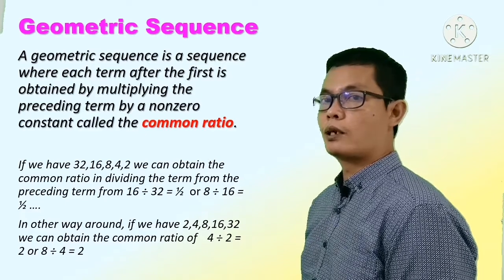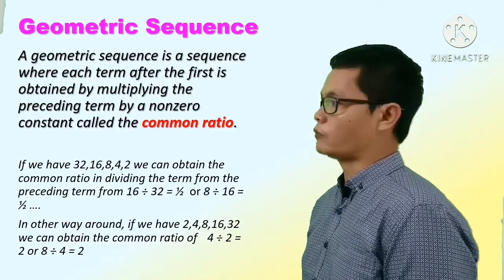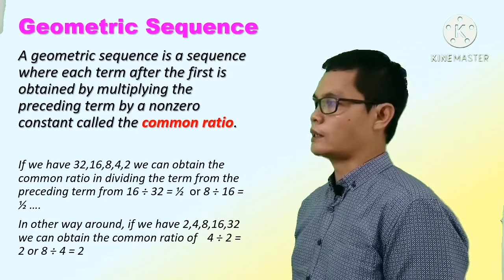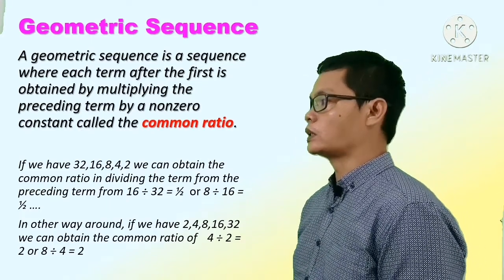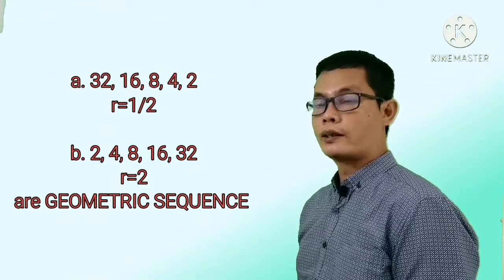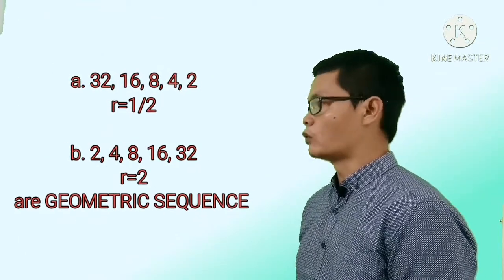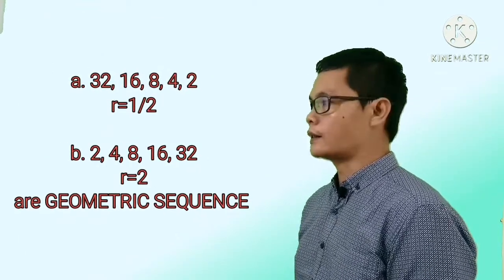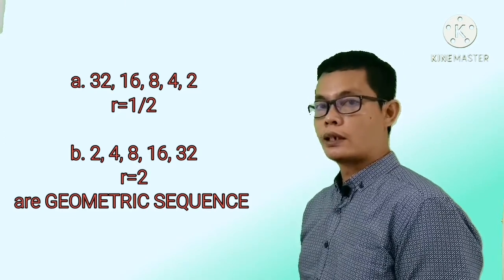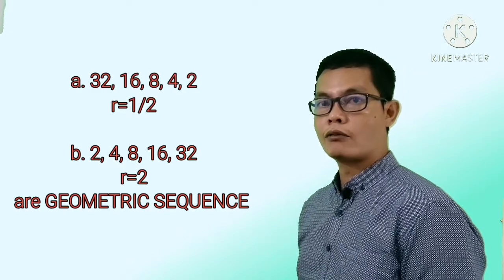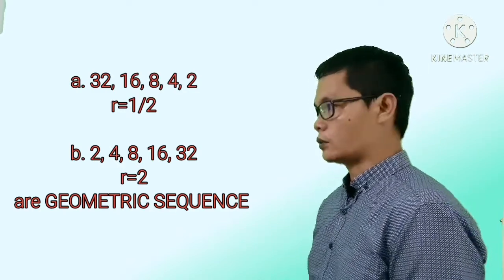We have 8 divided by 4 is 2. The common ratio of this geometric sequence is 2. Then we can tell that the sequences 32, 16, 8, 4, and 2, or 2, 4, 8, 16, and 32, these two examples are geometric sequences because they have a common ratio.